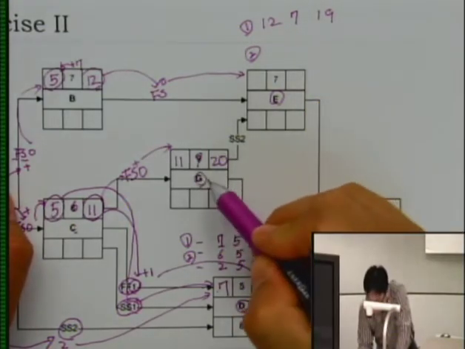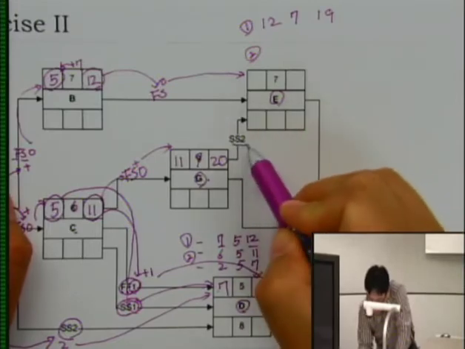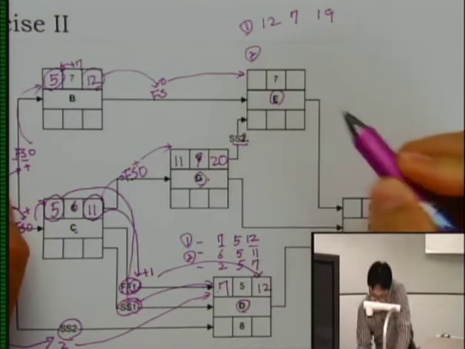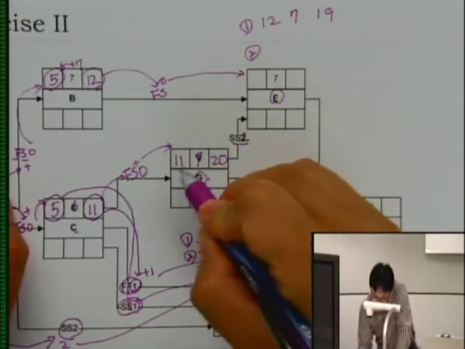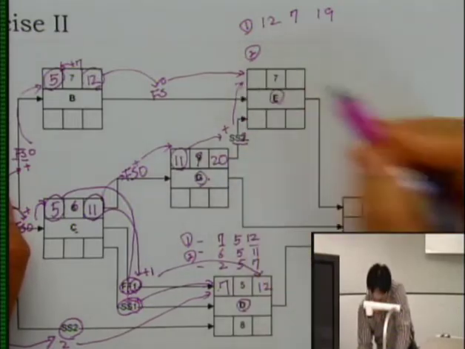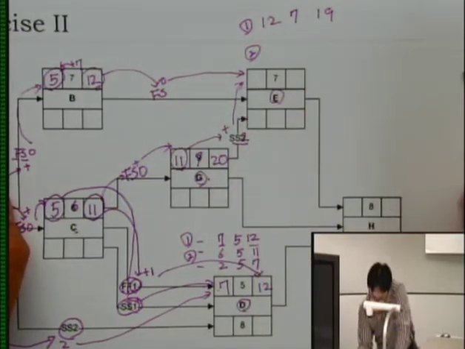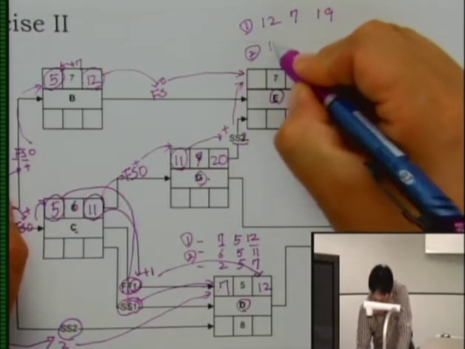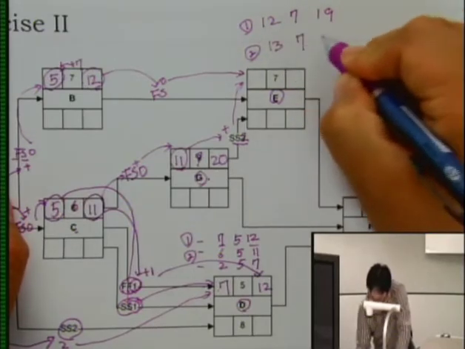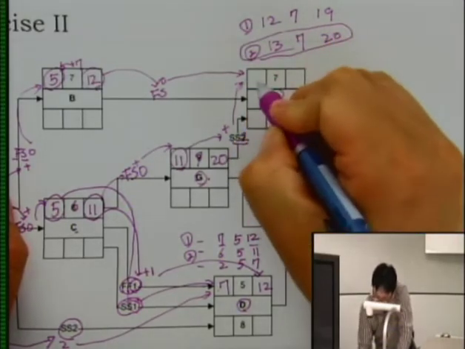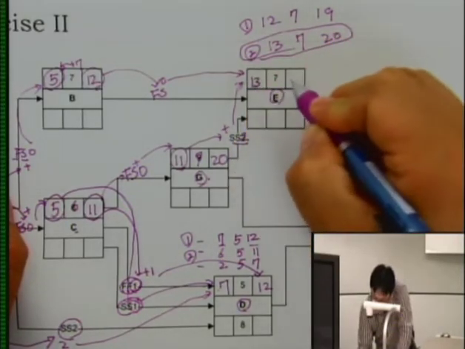The relationship with activity G is a start to start relationship with lag 2. So your start will be 11 plus 2, which becomes the early start of activity E. So 11 plus 2 will be 13, 7, 20. So you need to choose option number 2. So 13, 7, 20.